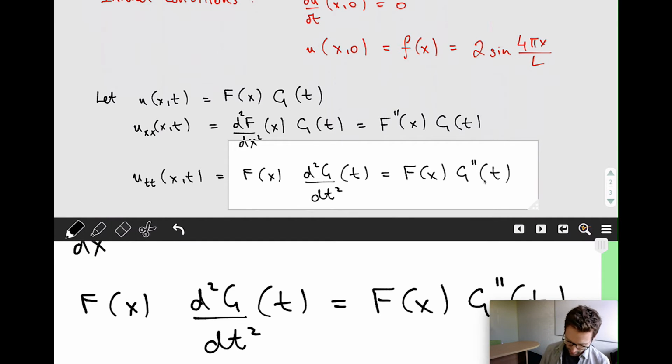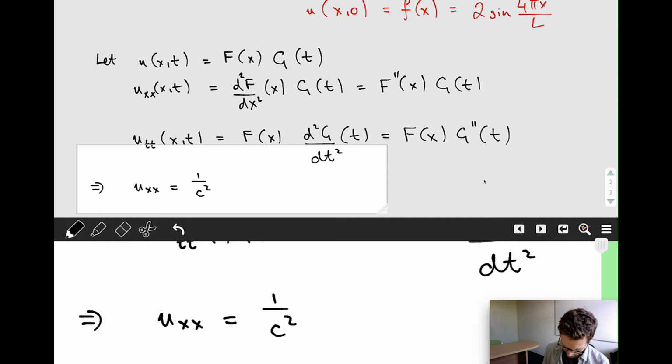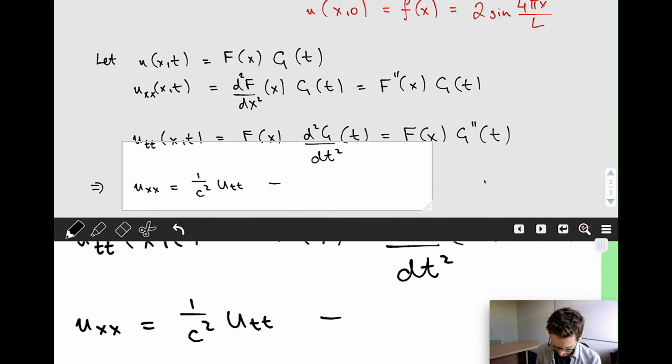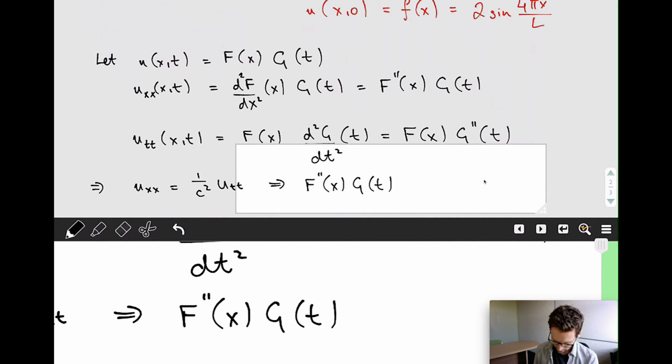Okay, that means now that my partial differential equation, which was u_xx is equal to 1 over c squared u_tt, is going to become f double prime of x times g of t is equal to 1 over c squared times f of x times g double prime of t.